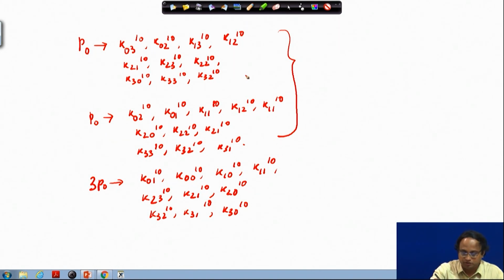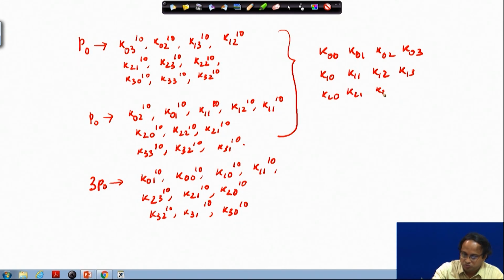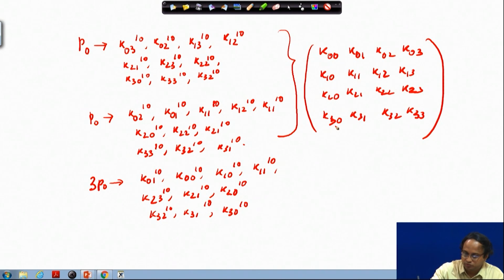That means if you observe the number of key bytes which are responsible, for example, if I just quickly write down k00, k01, k02, k03, k10, k11, k12, k13, k20, k21, k22, k23 and k30, k31, k32 and k33. So this is your 10th round key bytes.